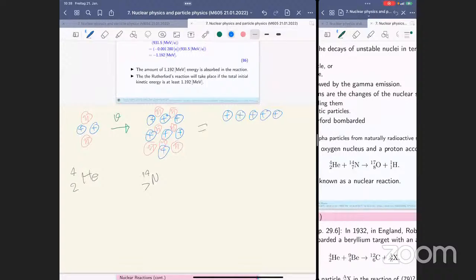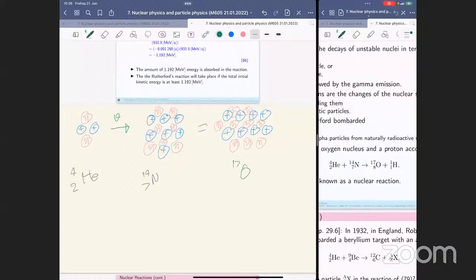Okay, 8 protons and 9 neutrons. That's the oxygen, right?